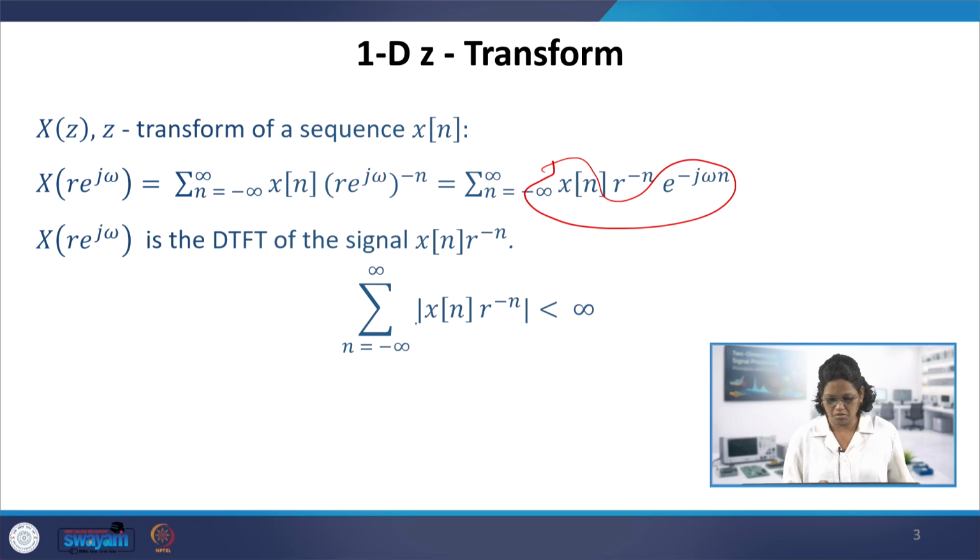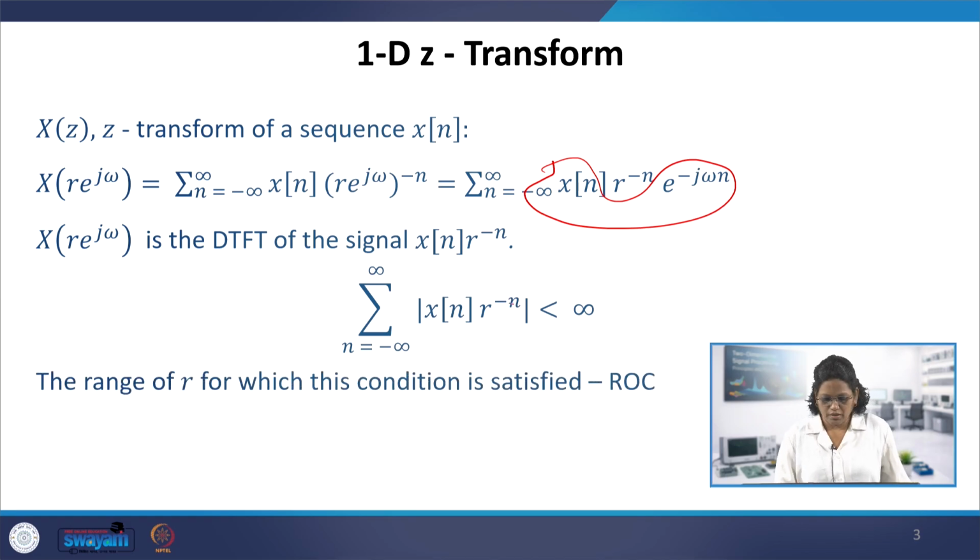So we need x of n r power minus n to have magnitude less than infinity. We need to find the range of r for which this condition is satisfied: given x of n, find X of z, and the r values for which it gives less than infinity are the ROC, the region of convergence.